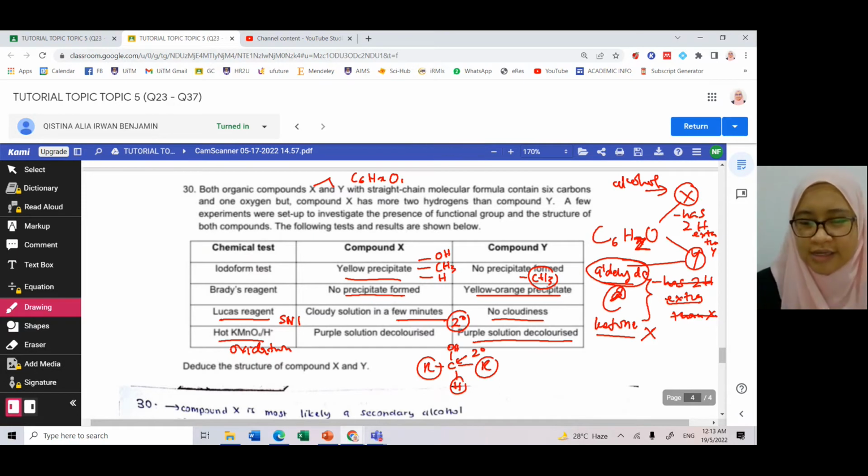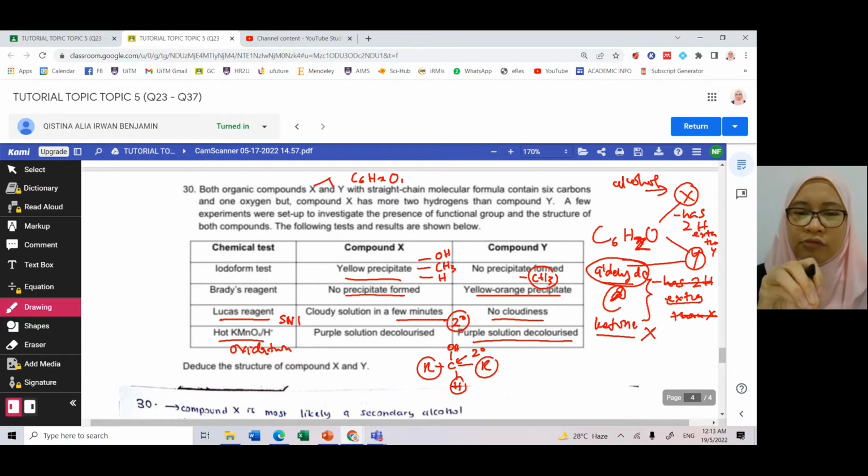We already know it is an aldehyde, it does not consist of a methyl group, it has 6 carbons, it has 2 fewer hydrogens of course, and it has 1 oxygen. So based on that information, how can we draw?